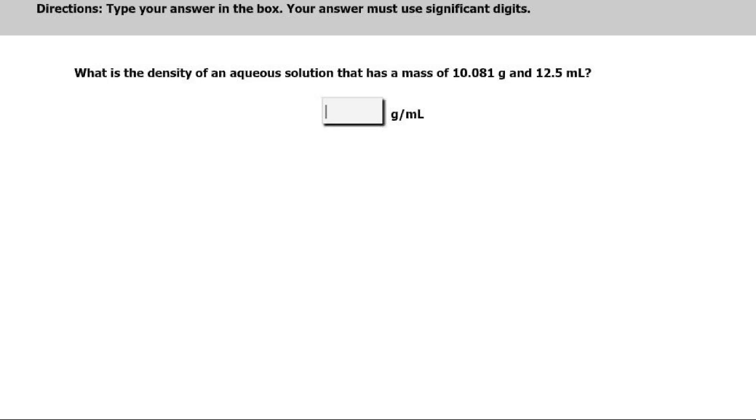So density, as a review of middle school science, density is the mass in grams divided by the volume in milliliters or cubic centimeters.